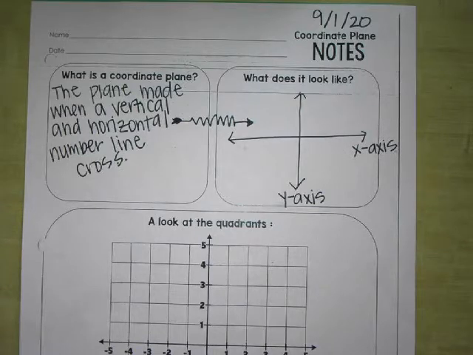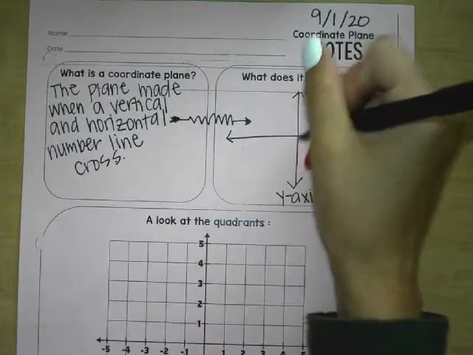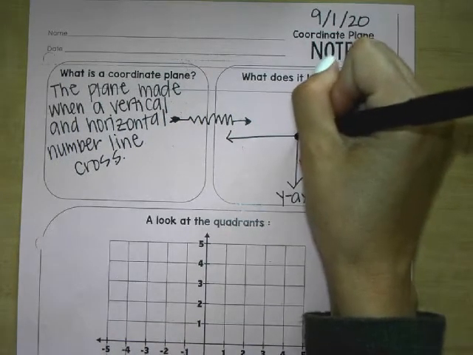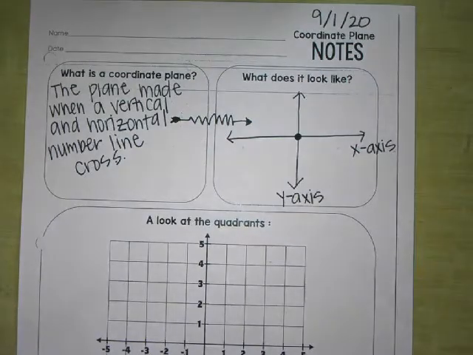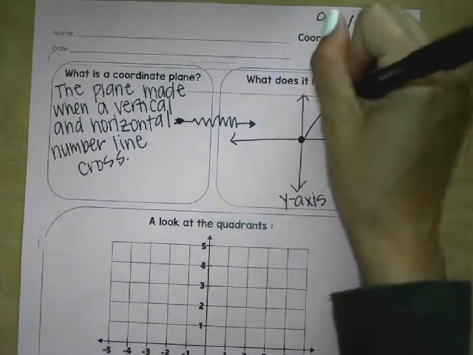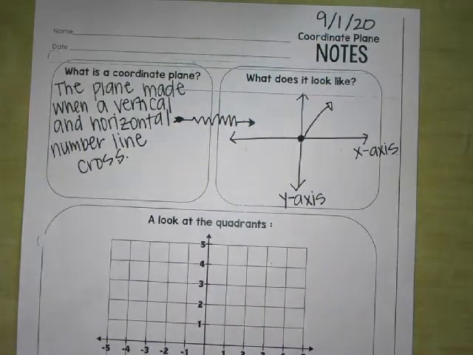So when you have a horizontal and vertical number line that intersect in the middle, does anyone happen to know at the point in which they cross what it's called? It has a name, a very specific name. Any guesses? Abram? No, but that's a good guess.